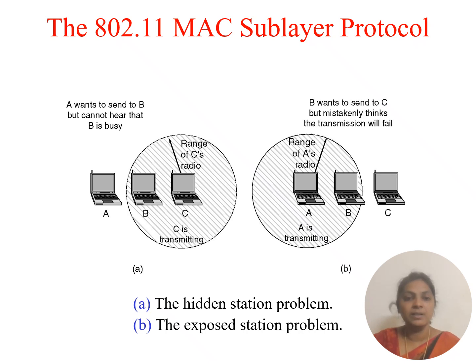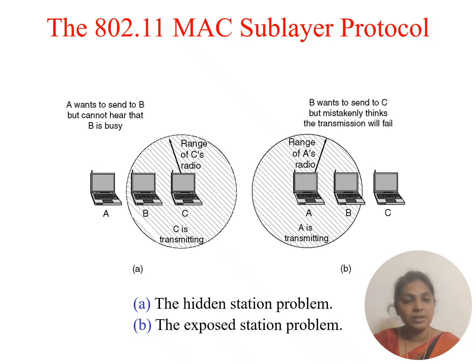A wants to send to B, but it cannot hear that B is in transmission because C is already transmitting, so the broadcast is there throughout the range of C. Even if A wants to send, it doesn't know that C is transmitting. If B starts communicating, C will know, but since C's range does not reach A, A doesn't know that C is communicating.